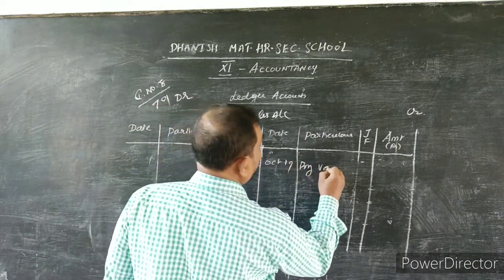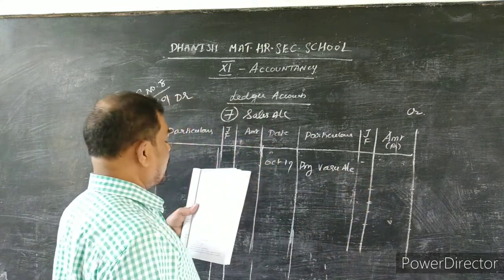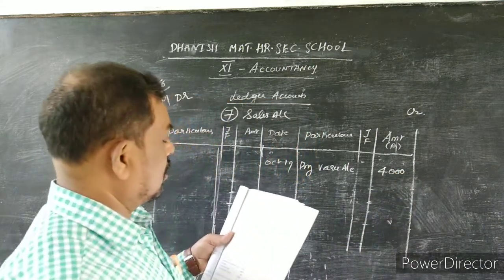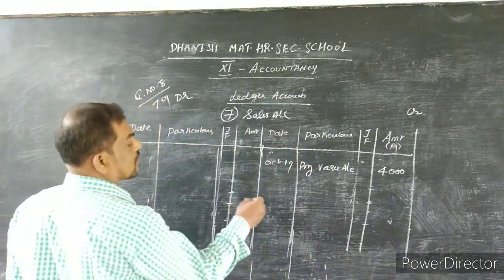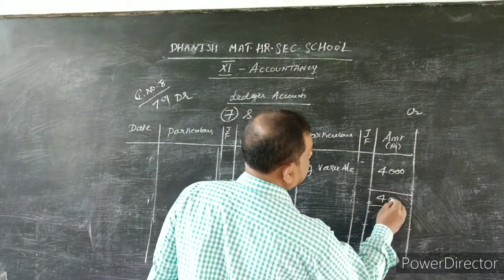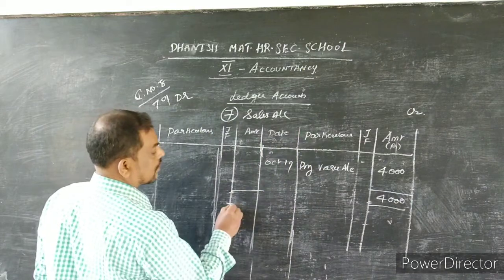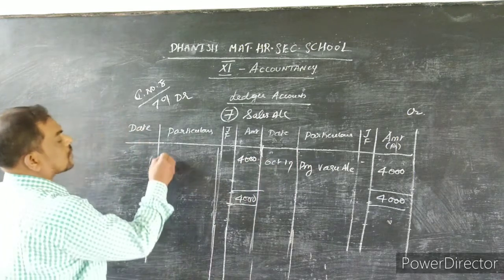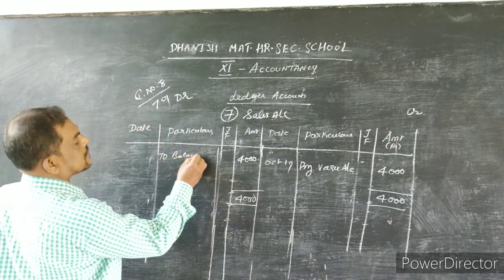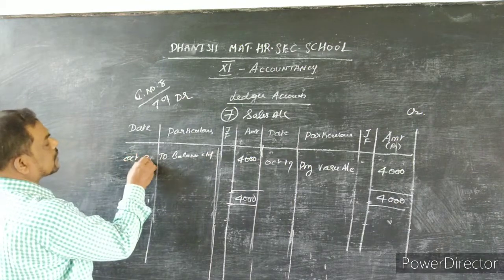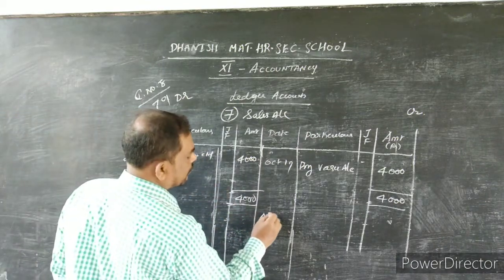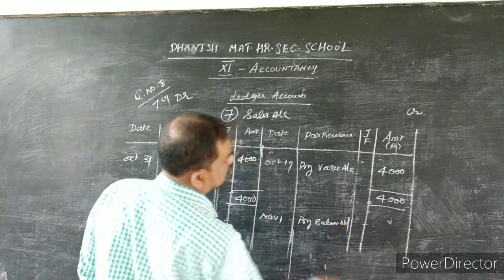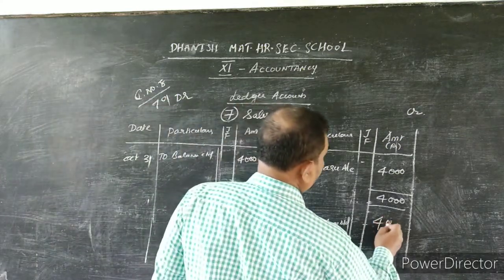So by Vasu account, rupees 4,000. The same 4,000 will come here as the closing balance, 4,000. This closing balance is named as to balance carried down, October 31st. This will come here on November 1 by balance brought down. What is the amount? 4,000.